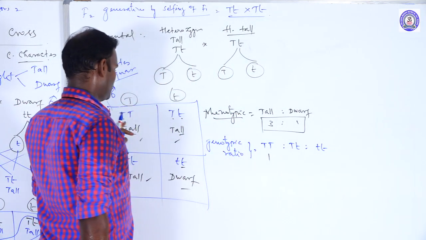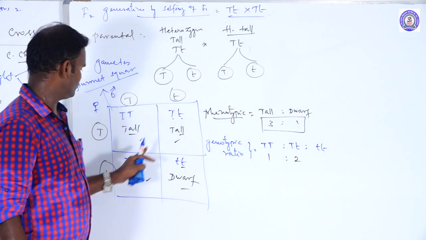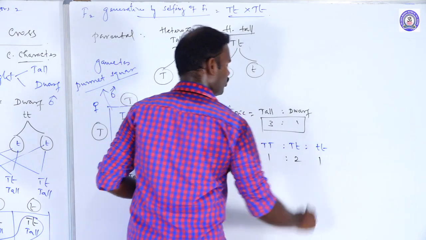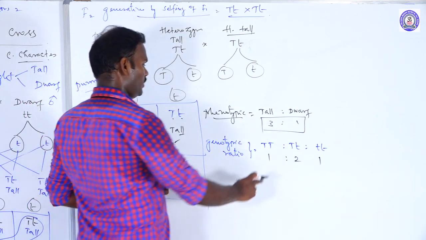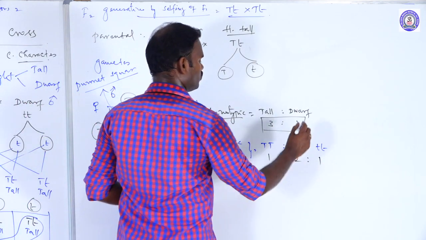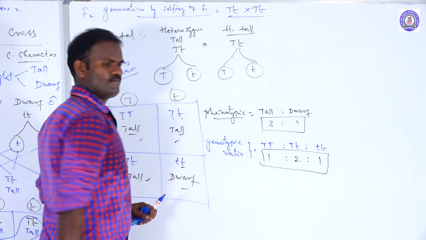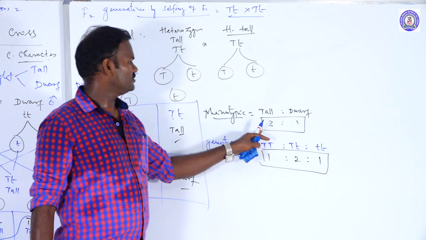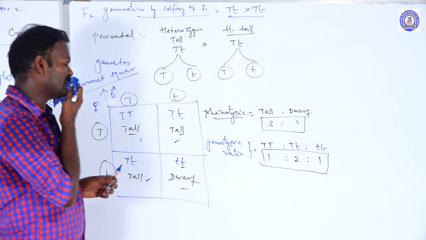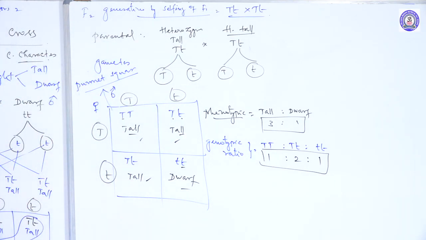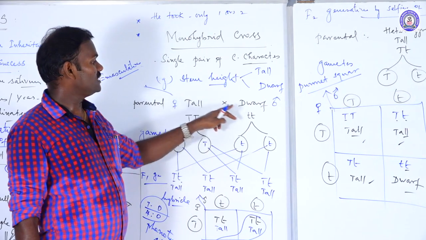Two heterozygous tall, capital T, small t. And only one homozygous recessive dwarf plant, small t, small t. So what is the genotypic ratio? 1:2:1. What is the phenotypic ratio? 3:1 in a monohybrid cross.